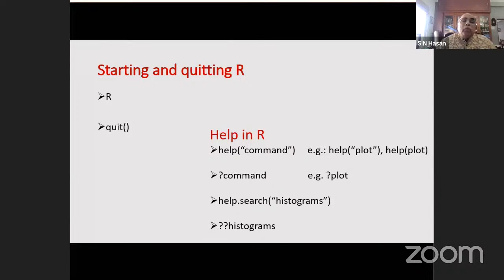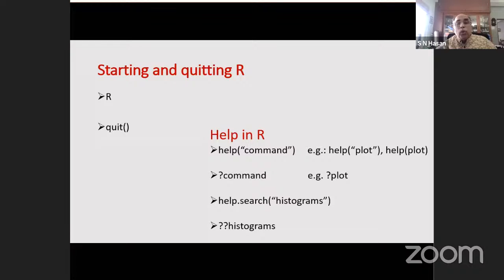Irrespective of which operating system you are using, Linux, Windows, or Mac, I'm sure you now know how to invoke it. In Windows, you can go to the start button right below, and the moment you write R, R pops up and you can start it.